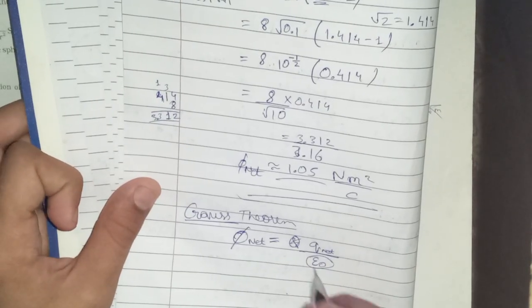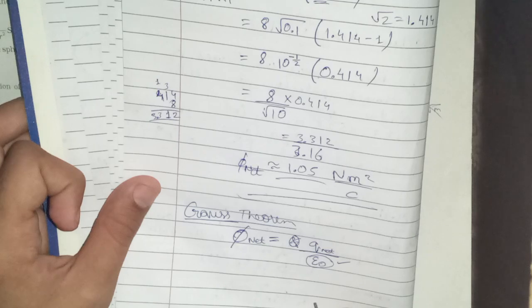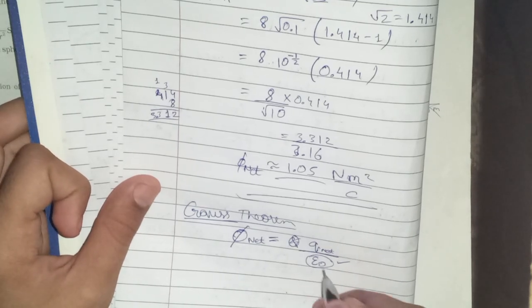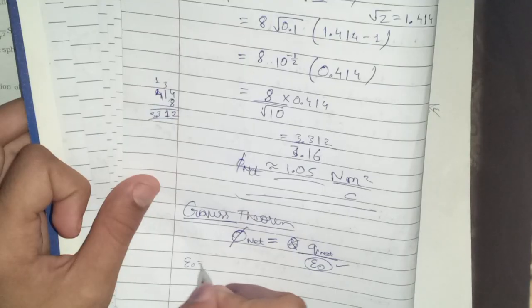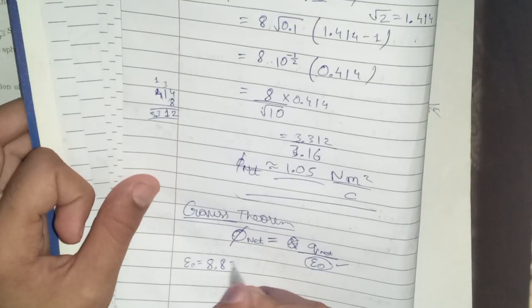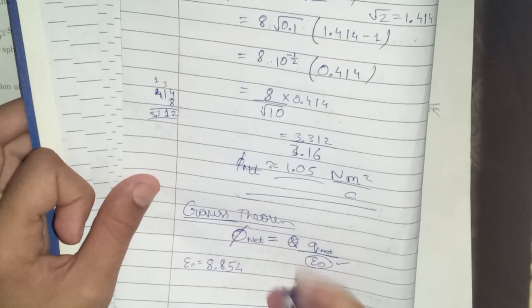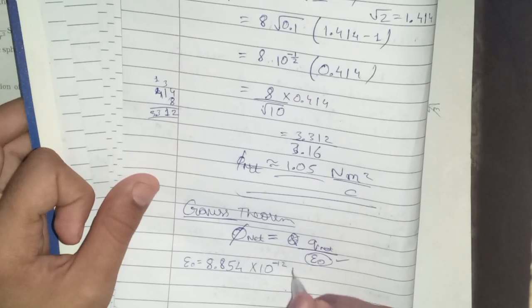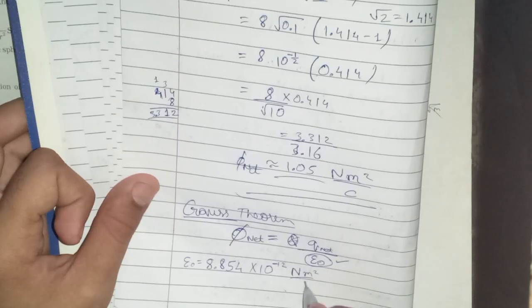Now what epsilon naught is, you will understand in Coulomb's law, but just remember epsilon naught has a value of 8.854 into 10 to the power minus 12 Newton meter square by Coulomb square.